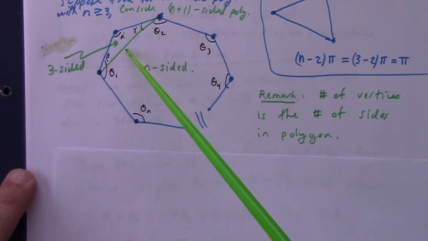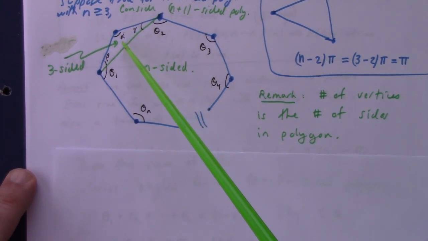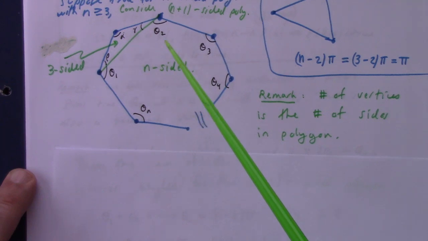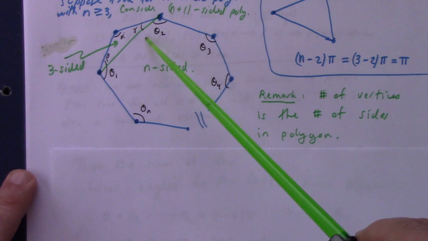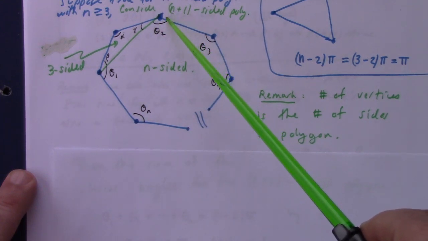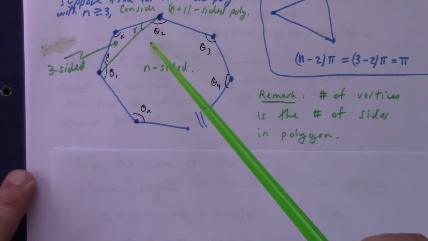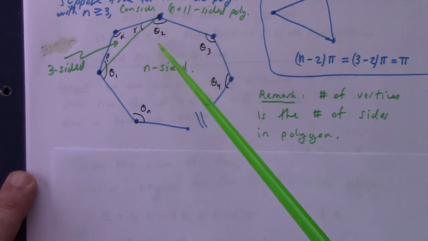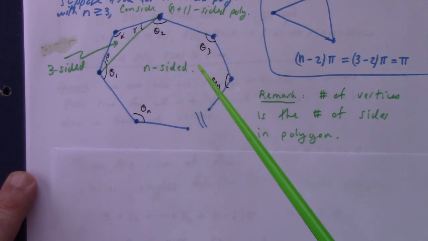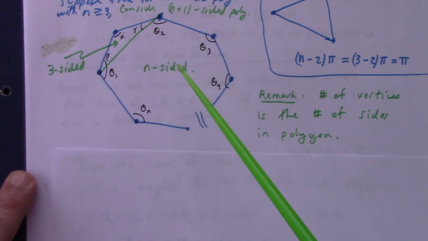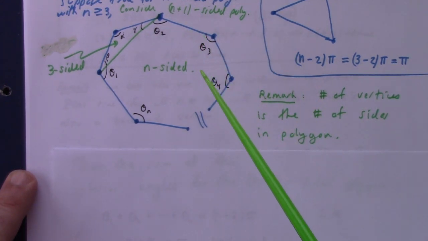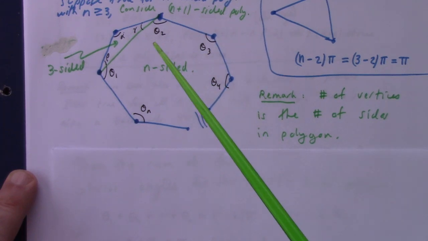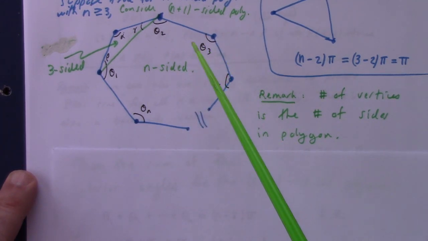Here's the n plus 1th vertex, where I've put the angle alpha. So what I decided to do was to cut this n plus 1-sided polygon into 2 pieces. This makes sense because it's convex. I'm not going to really prove that; I'm going to use some geometric intuition in this proof. If that's a bother to you, then don't do this homework problem, because this is a geometric homework problem, and it's going to require some amount of geometric reasoning.